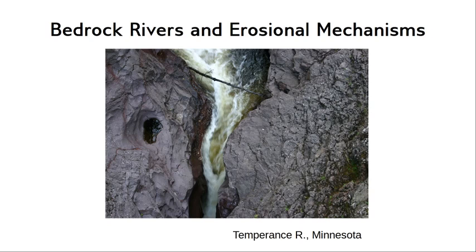One is on the left. I'm going to move my mouse over here, right there, where my mouse pointer is. That feature is called a pothole. And that is formed by rapid, swirling, turbulent water flowing over this portion of the bedrock surface that has picked up a clast that's grinding and drilling down through the bottom of that, the vortex that would be formed when the water is very high.